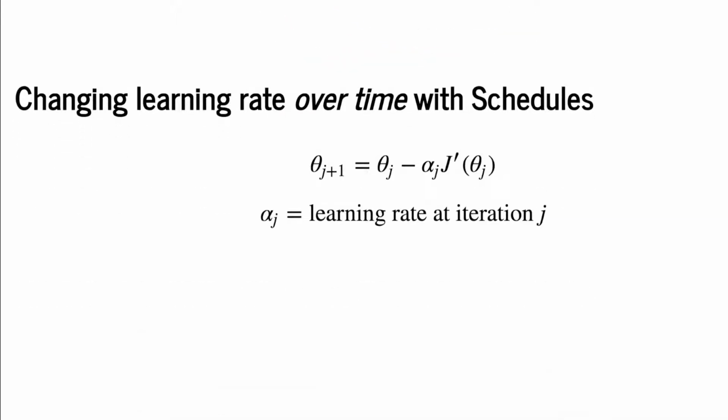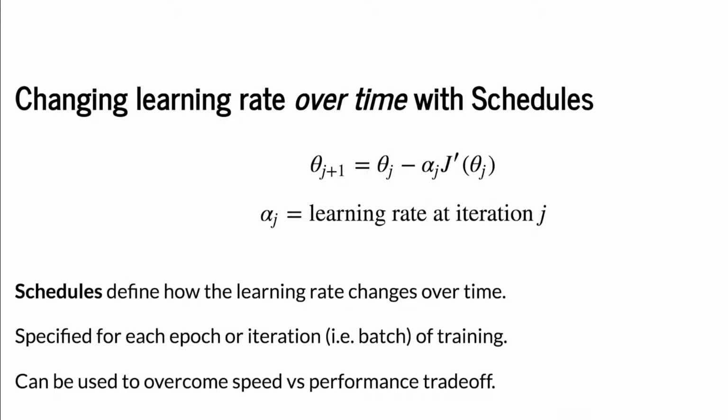So a schedule just defines how we change the learning rate over time. Instead of having a fixed alpha, we change the alpha every iteration potentially. This is denoted by alpha sub j, which is the learning rate at iteration j. Schedules are specified for every epoch or iteration of training.